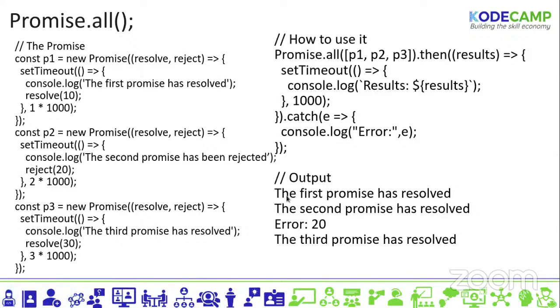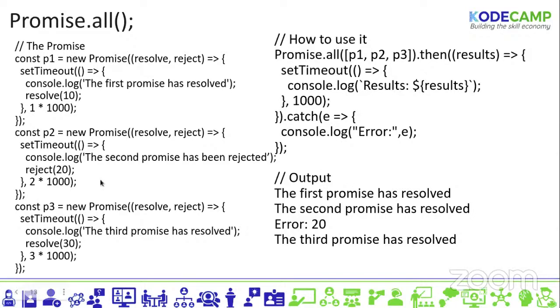So see what is going to happen. The first one runs and resolves. The second one is rejected, and it throws an error. The third promise also runs, but the results from the first one are no longer logged out. Why?